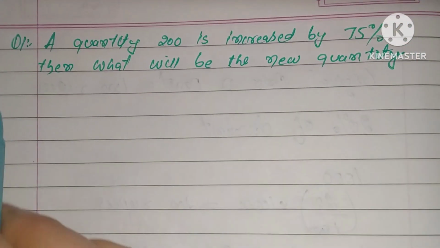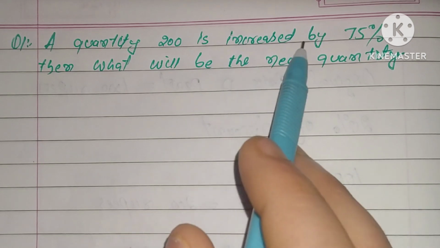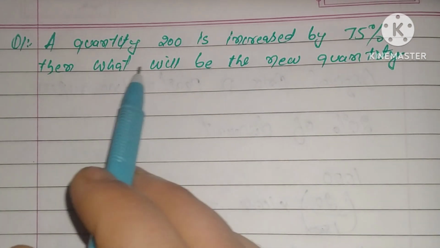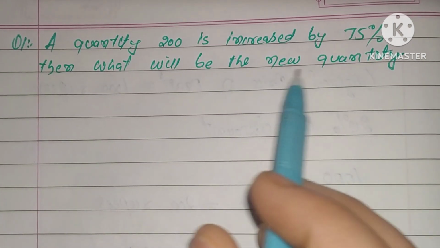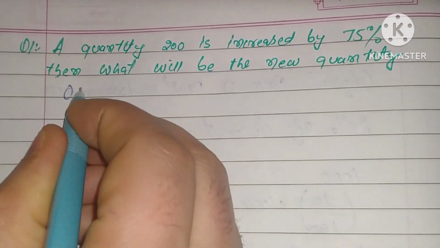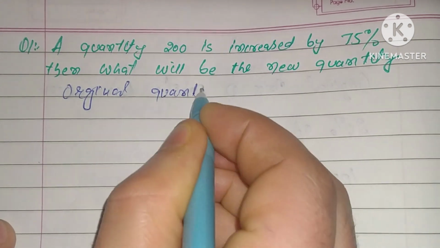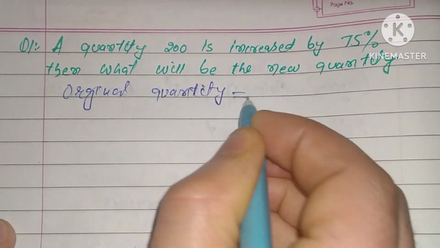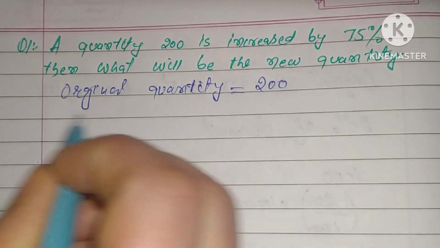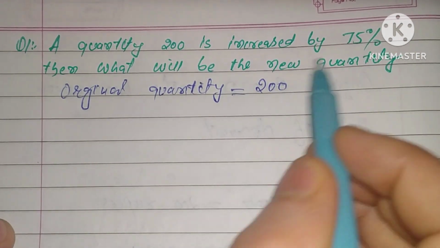Now take a question. A quantity 200 is increased by 75%, then what will be the new quantity? The original quantity is 200. It is increased by 75%.